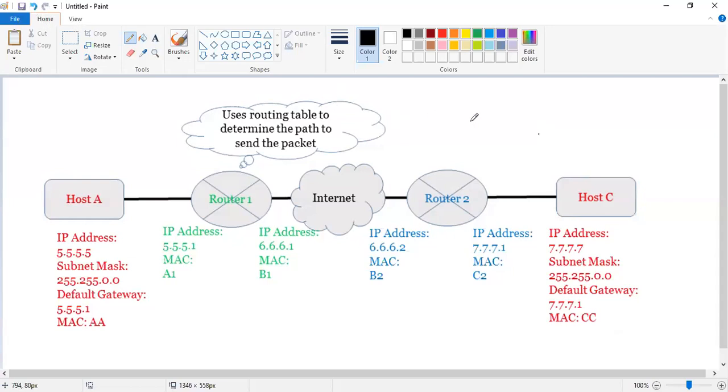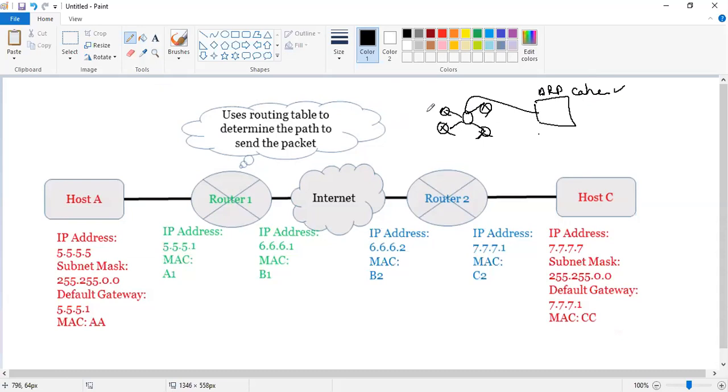If a router is connected to multiple routers, all these routers' MAC addresses are stored in some location in the router called the ARP cache. If it is not there, then definitely it sends an ARP request. But we already discussed the ARP request and reply. Now we'd like to know what the ARP cache is. That is the reason I have given this.